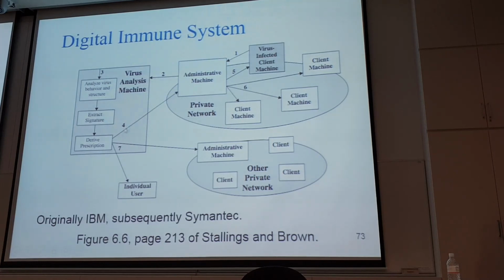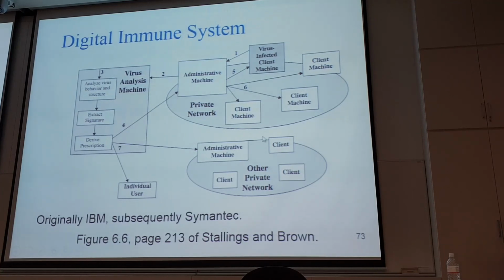Then this will be sent to all the networks and all the machines. If this virus tries to affect other machines, it can be prevented, because the other machines are already immune to this kind of new virus. So this is basically how the digital immune system works.